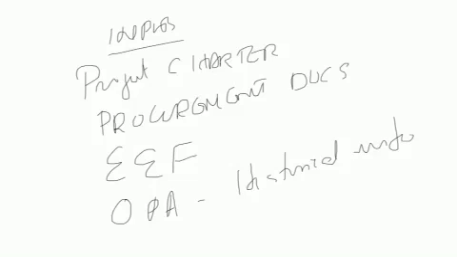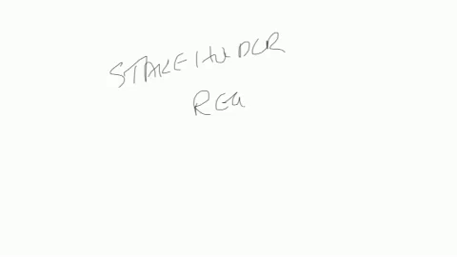The first output of identifying the stakeholders is to come out with a stakeholder register. Stakeholder register. So this is a list of stakeholders. And this is very dynamic in nature because the stakeholders can vary from phase to phase of a project.